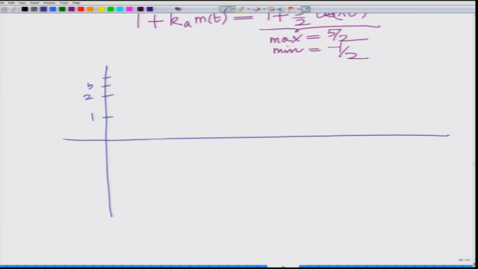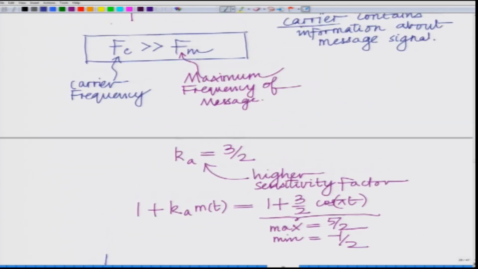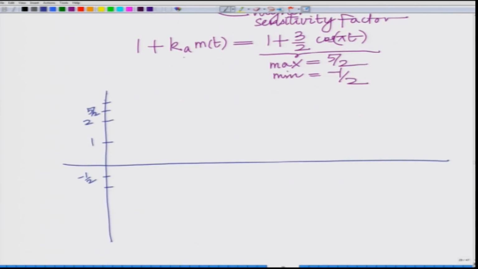So, this is, let us say, your 5 by 2 and this is, let us say, minus half. Again the same thing, this is point 1, 2, that is time 1, time 2, time 3 and so on.